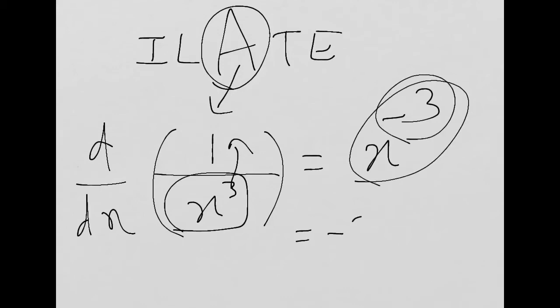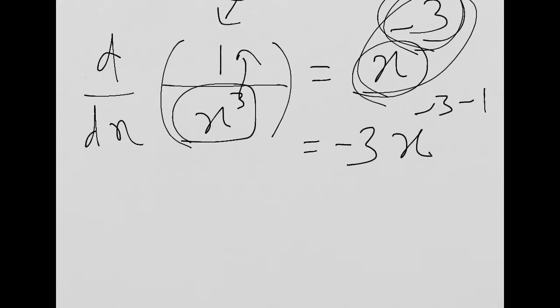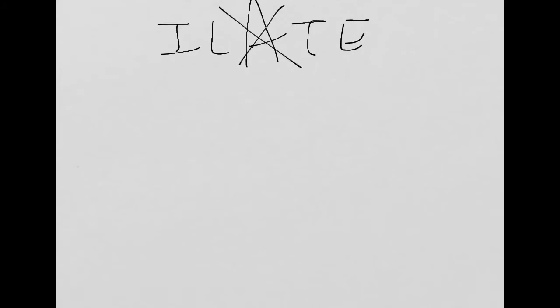Bring the burden to the side, write whatever is there as such, power, whatever is written minus 1. So it's going to be minus 3 x to the power minus 4. This is how we differentiate algebraic functions. Done. Let us get into L.